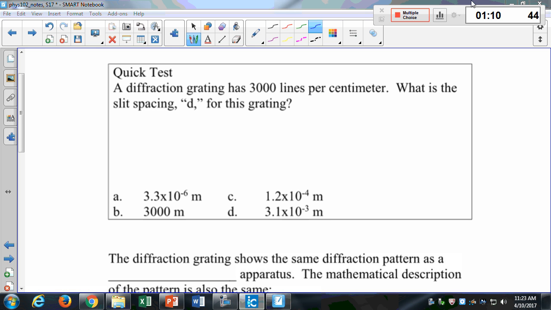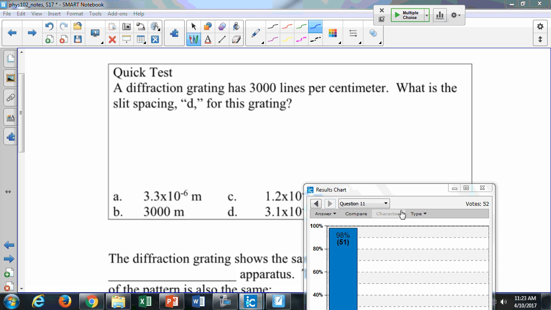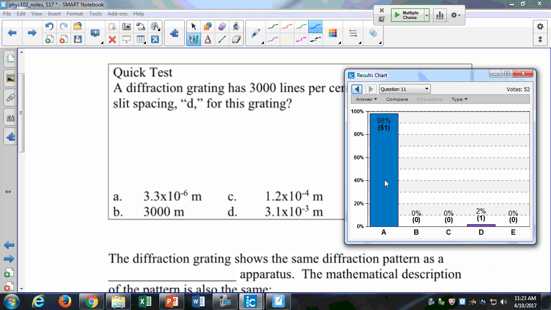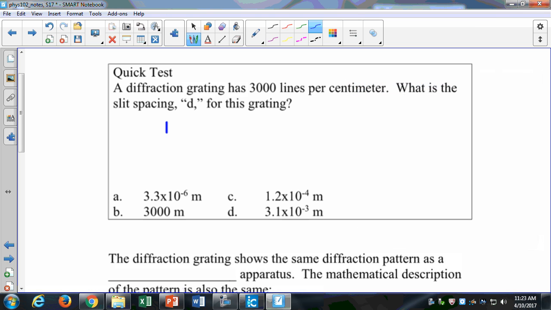Let's stop at 120. Okay, good. A is right here. I do 1 over 3,000, and that'll tell me the number of centimeters per line, which is really what I want to know, the distance between the slits.